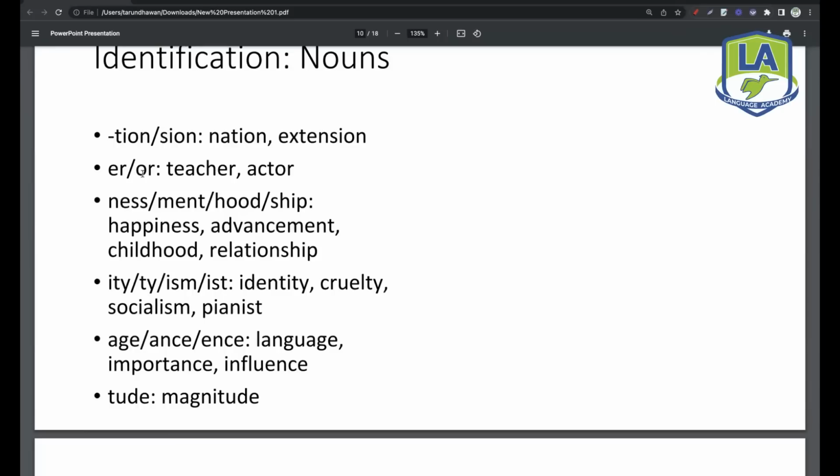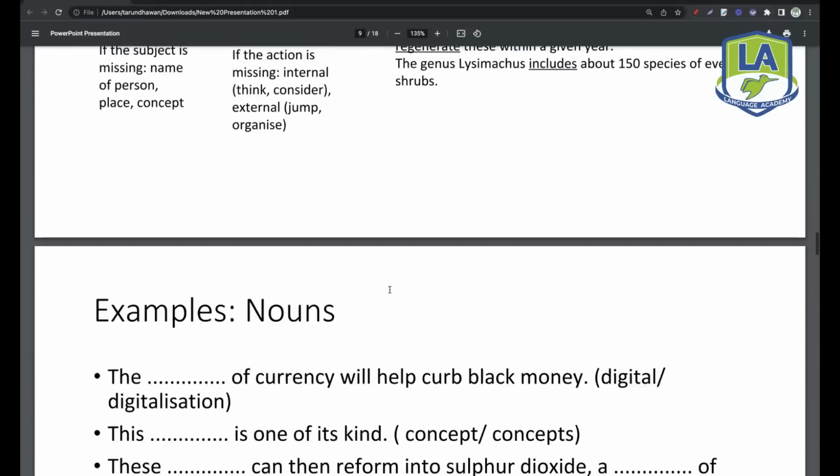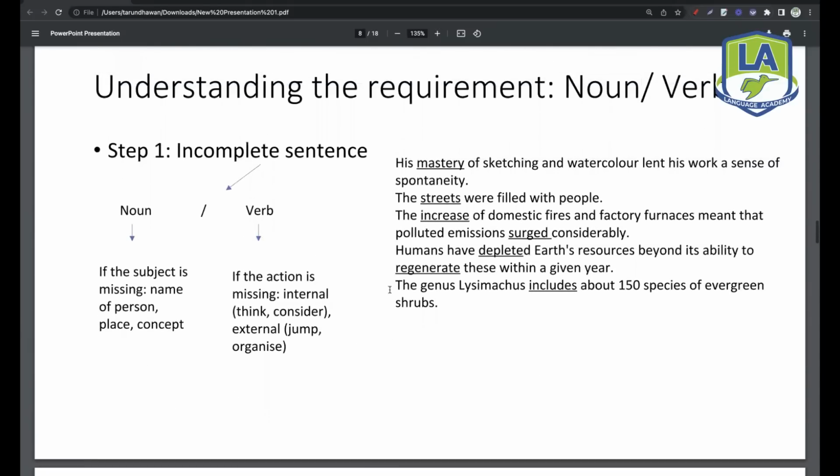So you have the examples. A-G-E, you have language. A-N-C-E, importance. E-N-C-E, influence. I-T-Y, identity. Only T-Y, cruelty. I-S-T, pianist. I-S-M, socialism. So you can simply look at the word and you can find out that it is a noun because it ends with one of these things. So not difficult. Once you know the identification, you can easily find a noun.